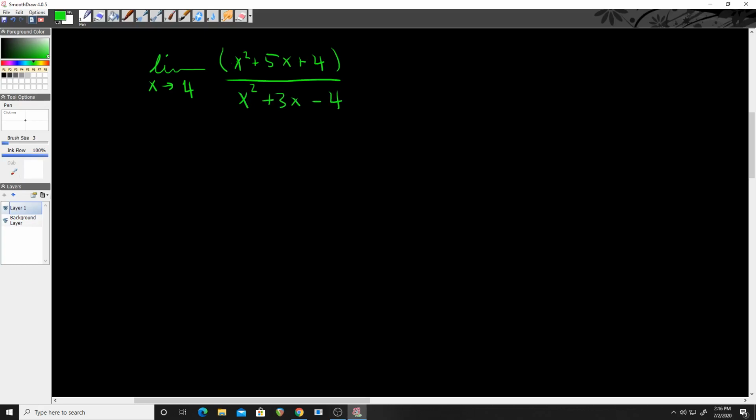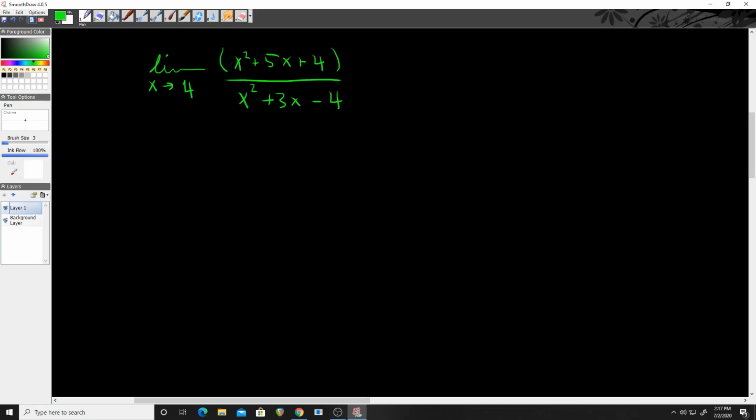Okay. Now, I will tell you that most limit problems of this sort have to be factored, and then you cancel something, and then you can find the value. But you want to make sure that you can't directly substitute.